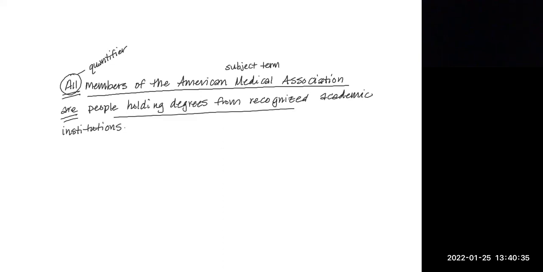The subject term, because we're looking at all are, is this entire thing, members of the American Medical Association. And the predicate term is people holding degrees from recognized academic institutions. This, the are or are not, is called the copula because it couples everything together.